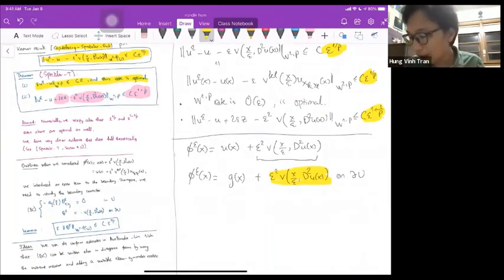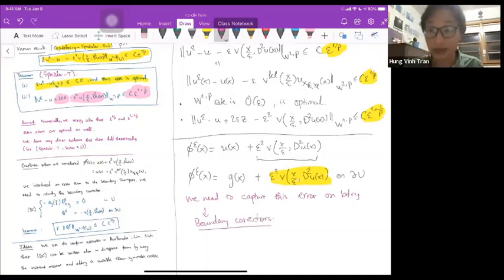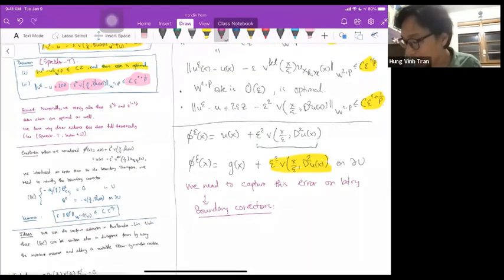So that's exactly what leads us to this: we need to capture this error on the boundary, and this leads to the so-called boundary corrector. We are not doing homogenizations for the boundary correctors here, but we are doing bounds for the boundary correctors, and then the boundary corrector corresponds to this problem.